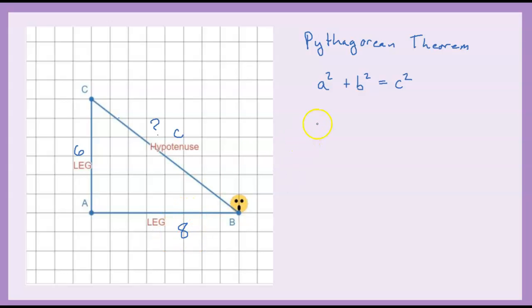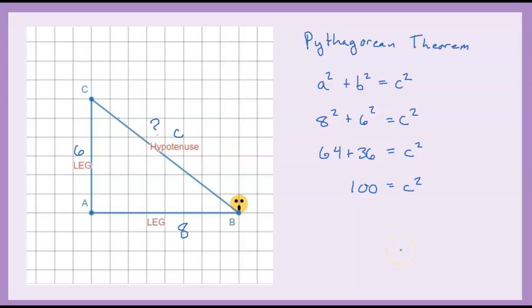We can plug in 8 for a leg, 8 squared, and then 6 for the other leg, 6 squared, and this should equal the hypotenuse, C squared. 8 squared is 64, 6 squared is 36, 64 plus 36 is 100, and then what's our last step?